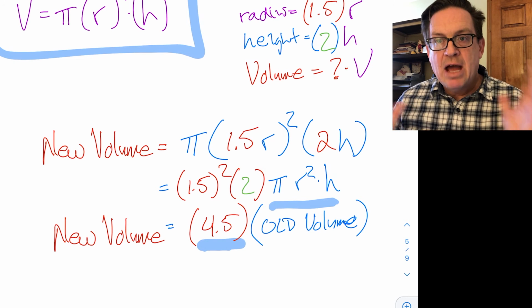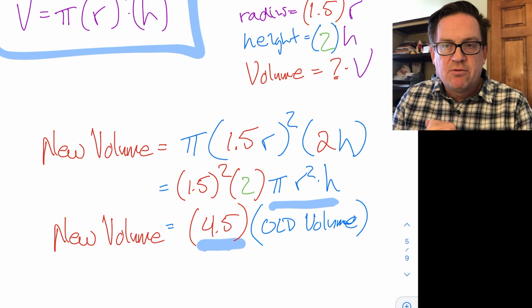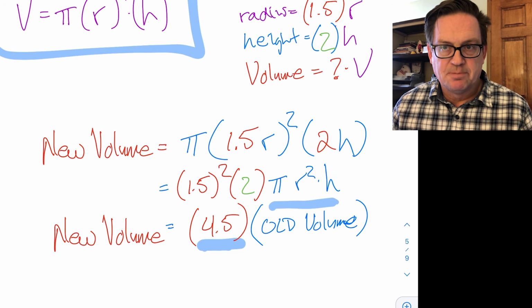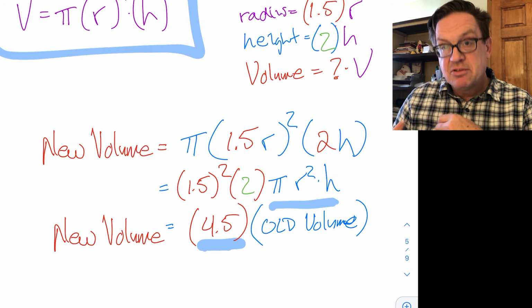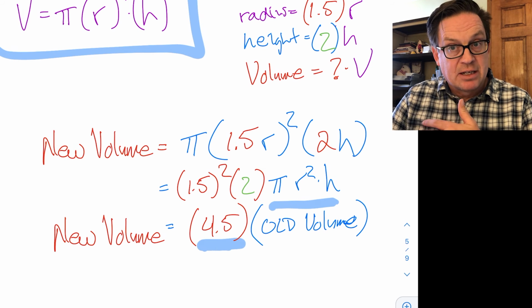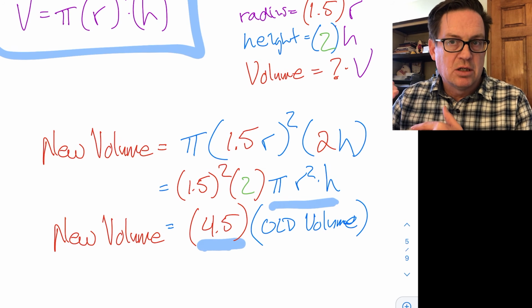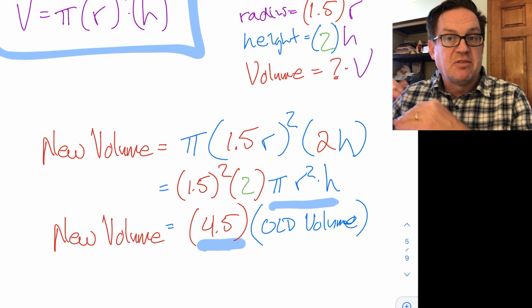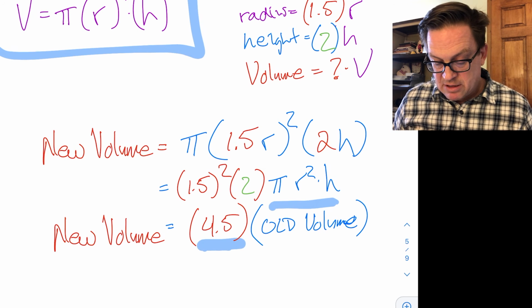So if you think about it that way, you can look at the scaling factor for different variables in your relationship. If I scale the radius, since it's squared, I have to square that scaling factor. The height is just linear. So if I have a scaling factor for the height, I multiply the output, the volume, by that same scaling factor.